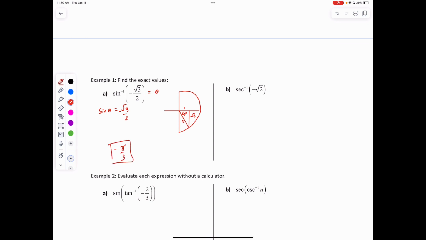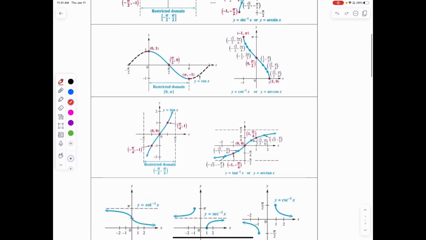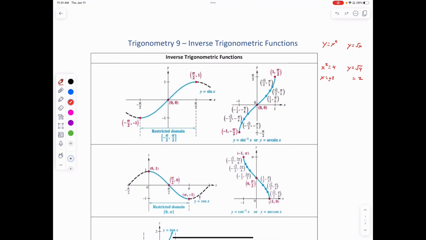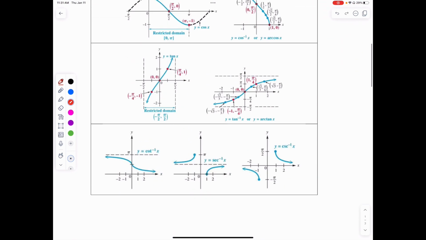And you have to say specifically negative pi over 3. You can't say, oh, 5 pi over 3 and just go all the way around here. That would give you the same sine value, but again, we are restricting our range to only get one answer. That way it's a function, just like we restricted the square root of 4 to only give us 2.